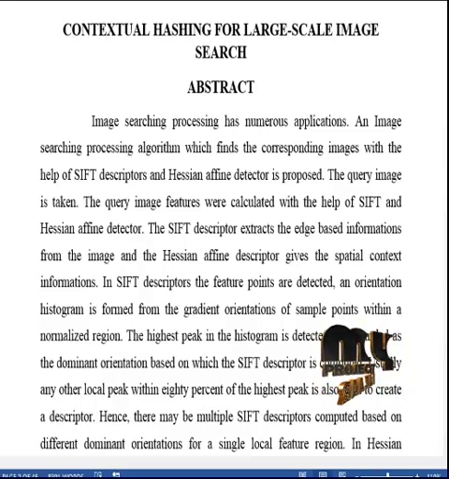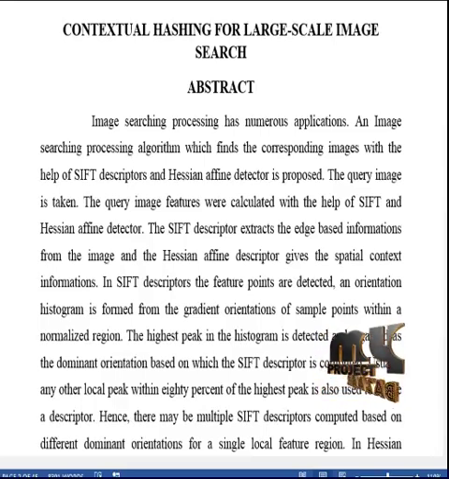The SIFT descriptor extracts edge-based information from the images and the SURF descriptor obtains refined edge-based information from the images. In SIFT descriptors, the feature points are detected. An orientation histogram is formed from the gradient operations of the sample points within a normalized region.